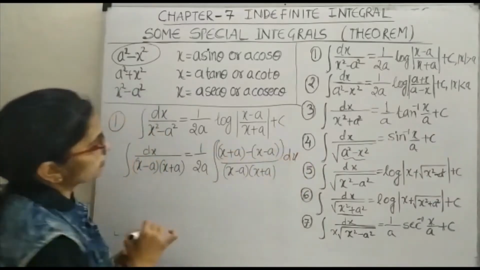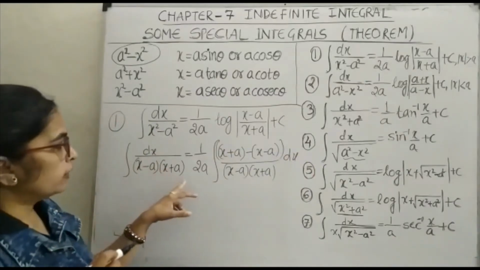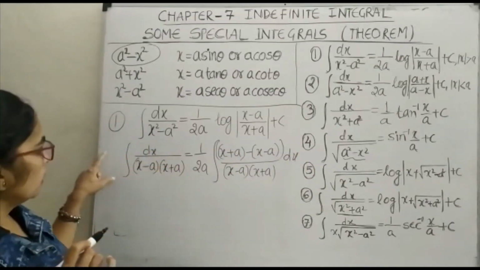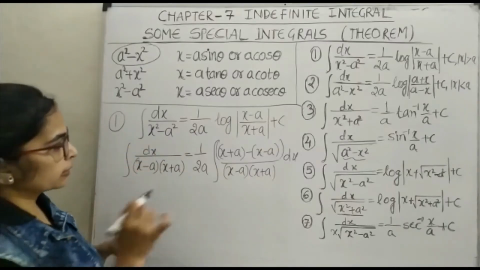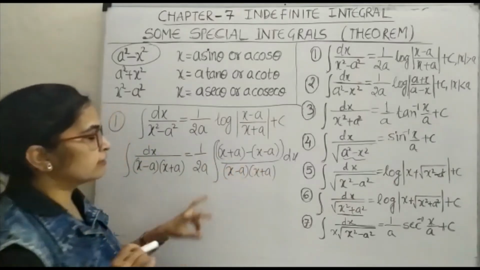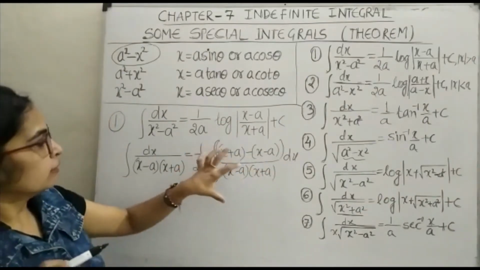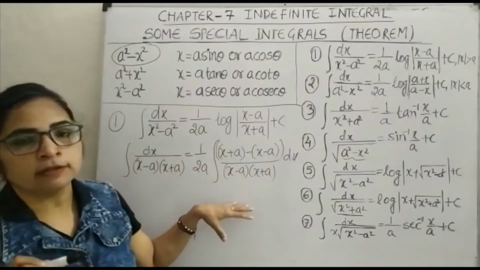Now just see what I have done here: multiply numerator and denominator by 2a. We multiplied above and below by 2a. Now you see minus x plus x will cancel, and plus a minus minus a will give you plus 2a. So we have the same equation in another form.